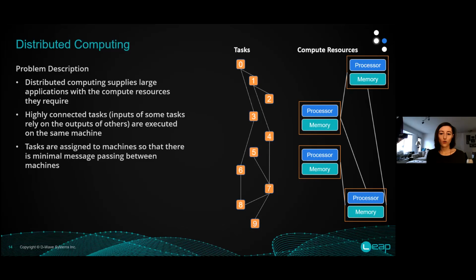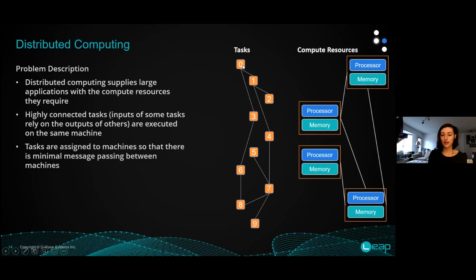So when we're dividing up the tasks and assigning them to compute resources, one thing that we need to be careful of is not to split up tasks that have dependencies on each other. So for example, in this middle column here, we have tasks that are numbered in these boxes, and we have lines between them that indicate there's a dependency. So here, perhaps task 1's input depends on task 0's output.